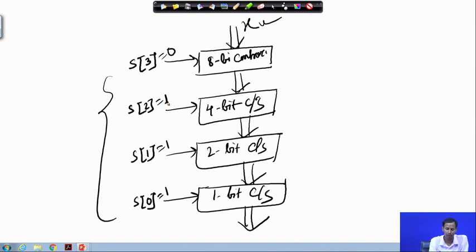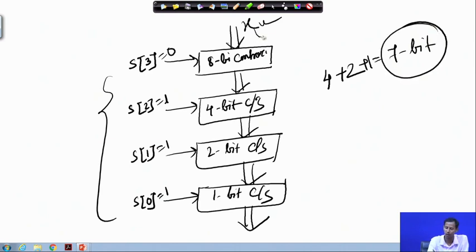Here it is shifted by 4, that means initially this x is shifted by 4. Then that value is shifted by 2. Then that value will come here and be shifted by 1. So, in total I will get a 7 bit shift of x, or 7 bit x shift means x into 2 to the power of 7.